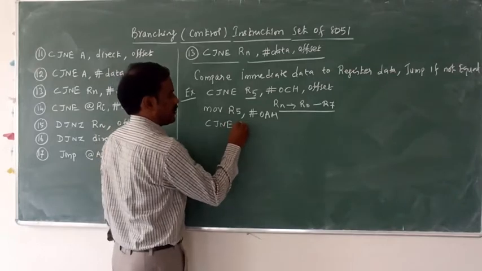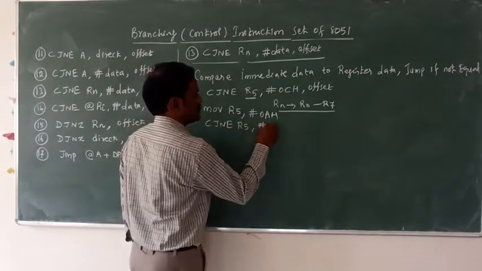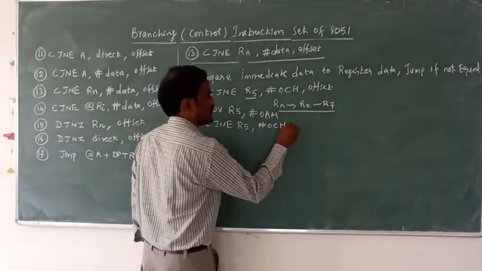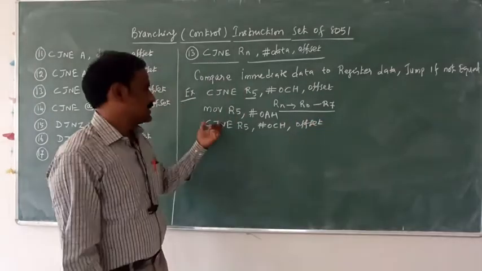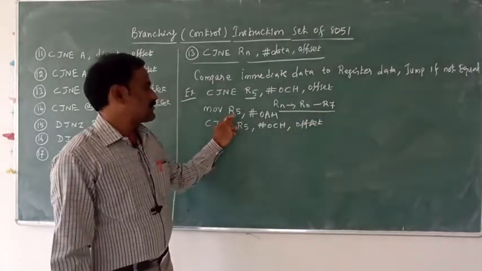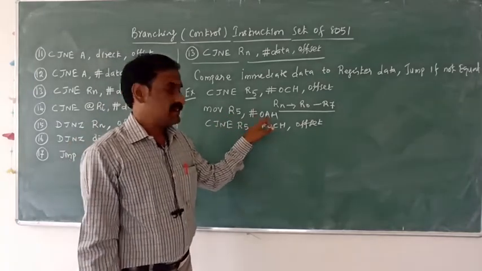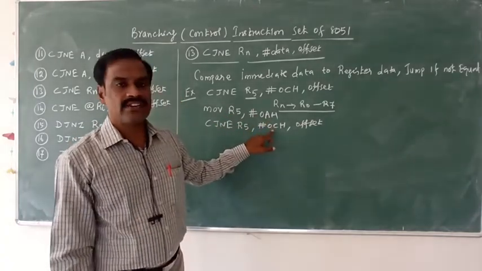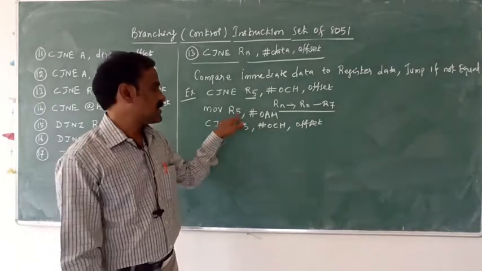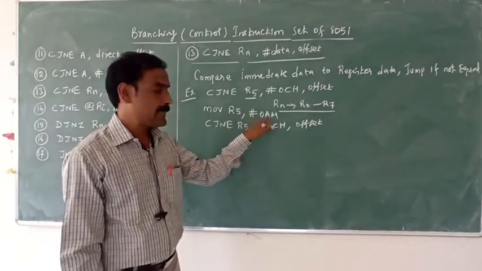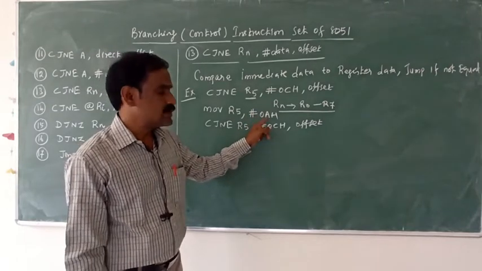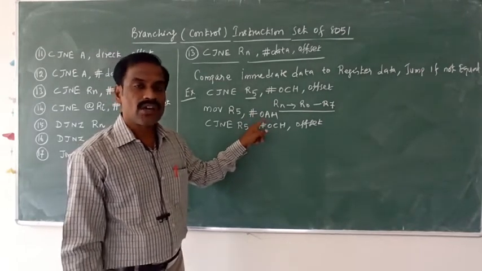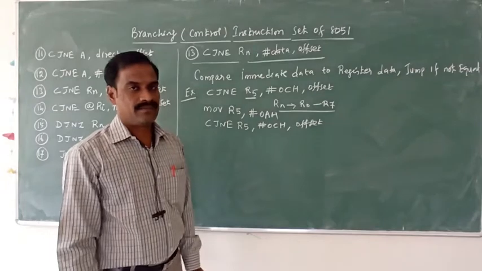And CJNE R5, #0CH, offset. Now it will compare the R5 register data with the immediately given 8-bit data. Here R5 register data is 0A and the immediately given data is 0C. Comparing these two data, both are not equal.